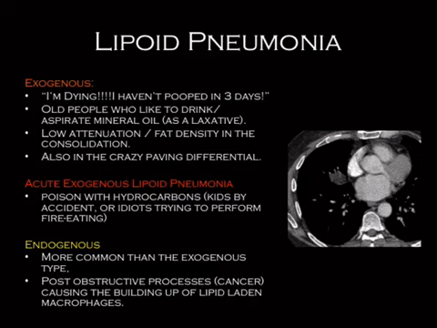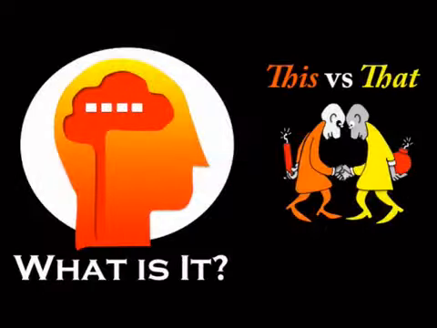Now, you can also see them in idiots who do fire-eating tricks or kids that accidentally poison themselves. And then there's also a more common type that's not even thought about, which is a lipoid pneumonia occurring in the setting of a cancer or some other post-obstructive process where you end up having lipid-laden macrophages building up in this post-obstructive situation.